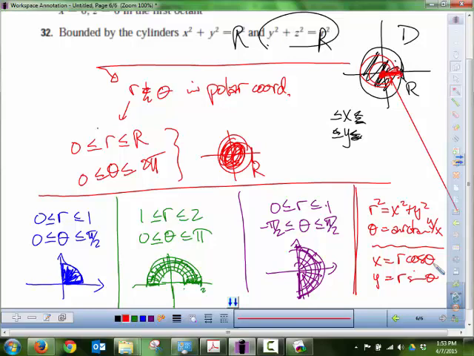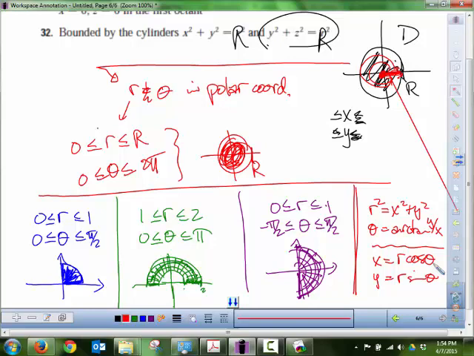Now, when have we switched variables before when we're integrating? We've switched variables when we're integrating a couple times back in Calc 2. For a nicer exchange and nicer interval. When we did a u substitution, we switched.